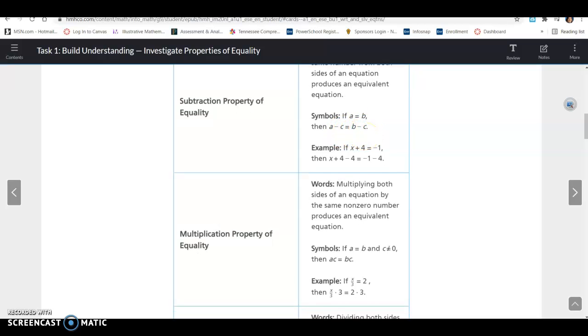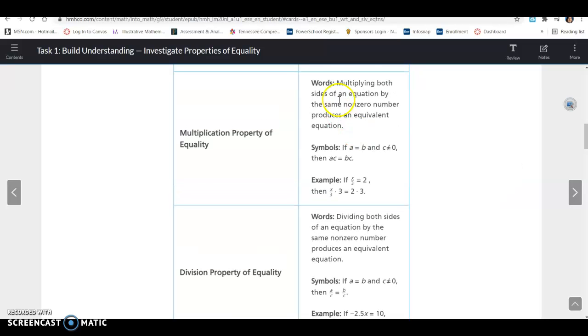They're still equal. Multiplication property: multiplying both sides of an equation by the same non-zero number produces an equivalent equation. So if you have A equals B and you multiply by C, remember if you multiply by 0, it's always going to be 0. So that's why it says C cannot be 0 here.